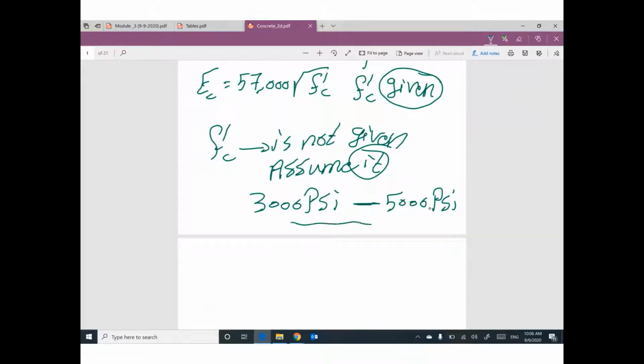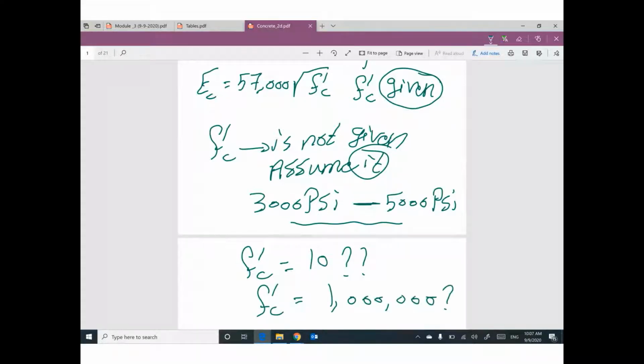So don't assume F prime C equals 10. What is the meaning of 10? Don't assume F prime C equals 1 million. No, you are kidding me. F prime C, the typical values, if you go back to our previous examples, are between 3,000 and 5,000. If you go below 3,000, you are talking about very weak concrete.